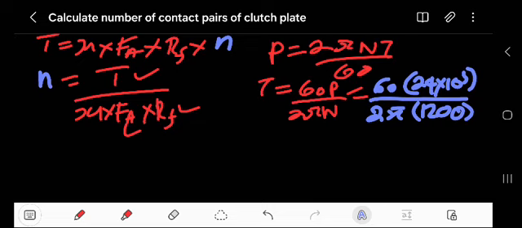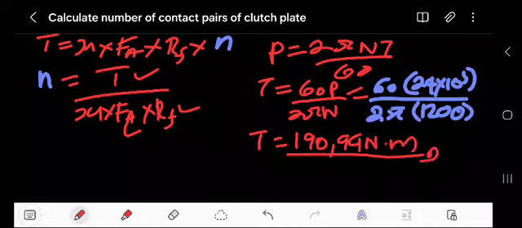If I quickly punch that in, the torque will simply equal 190.99 newton meters. So we have the torque, and we are done with this one.